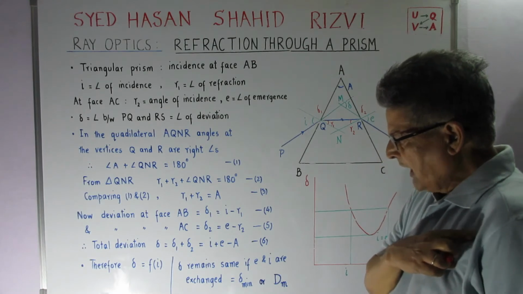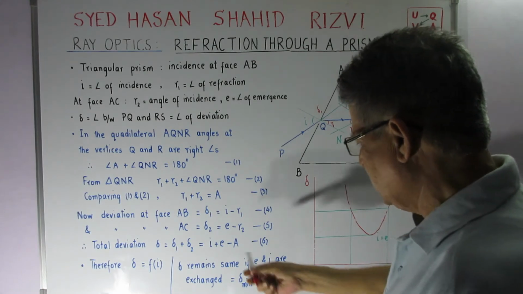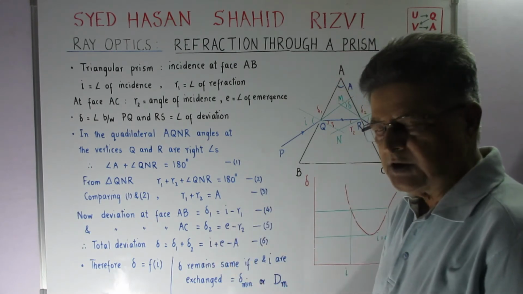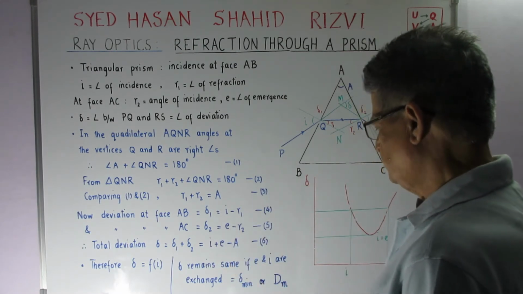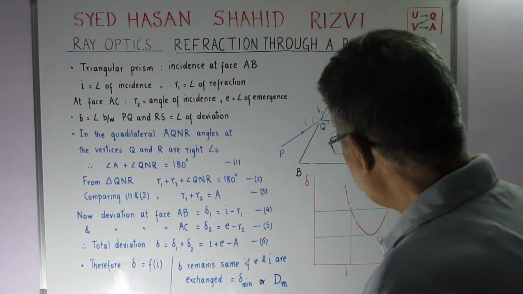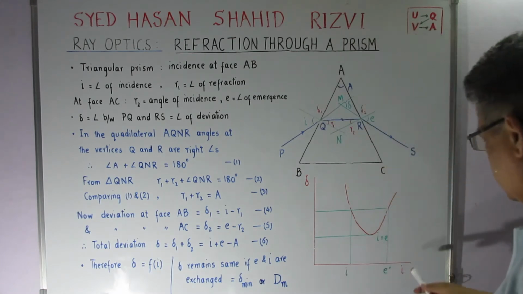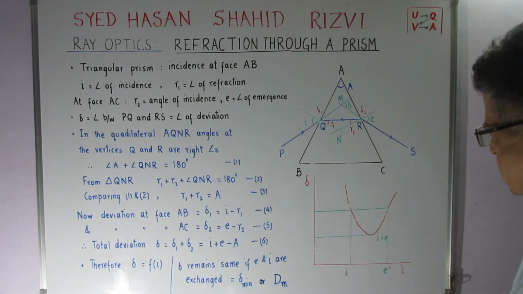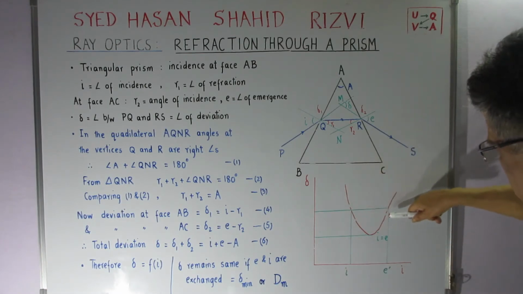Now we can see from this equation that delta is a function of I. It depends upon the angle of incidence. Now if I plot a graph between I and delta, then we find that this red curve has been shown over here.